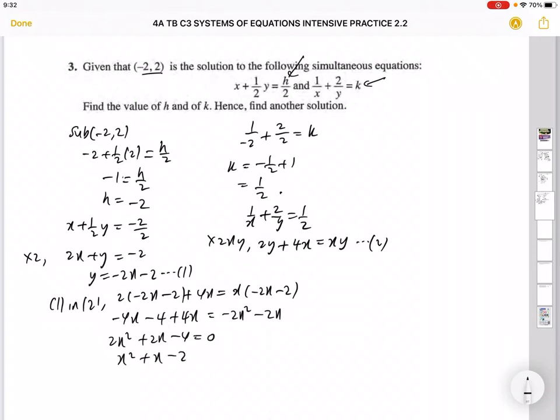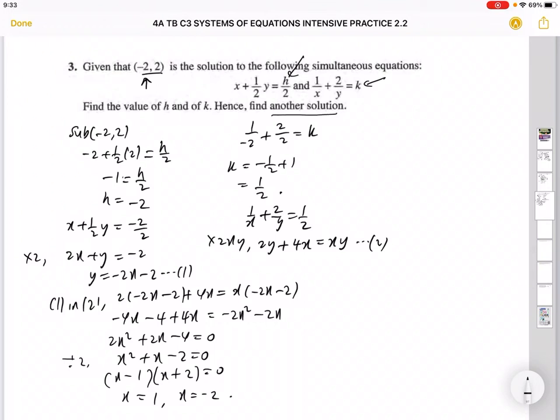We can divide by 2 to make the number smaller. Double bracket them, plus and minus. So x is either 1 or -2. But take note that in the original information given, they say that (-2, 2) is already the solution, and you're supposed to find another solution.